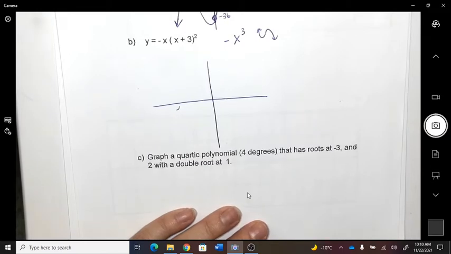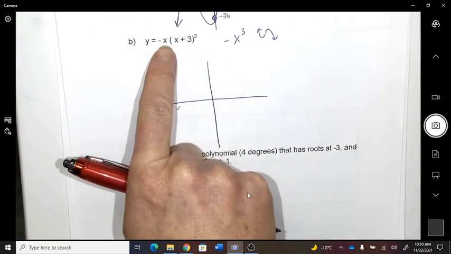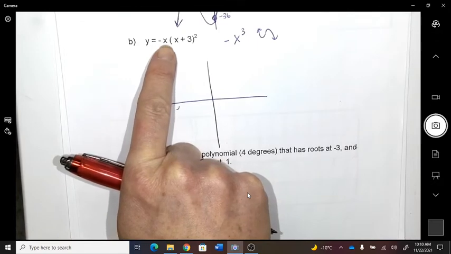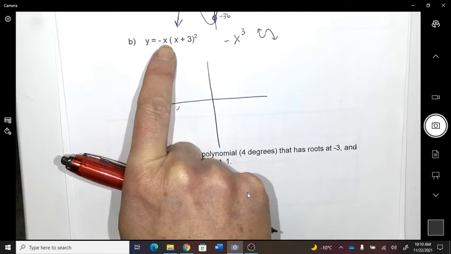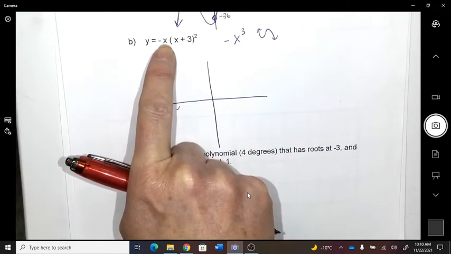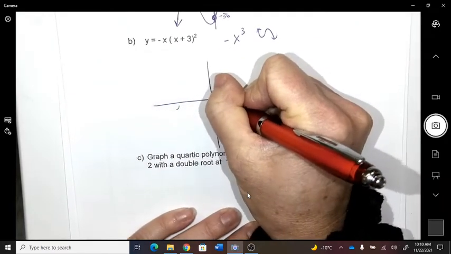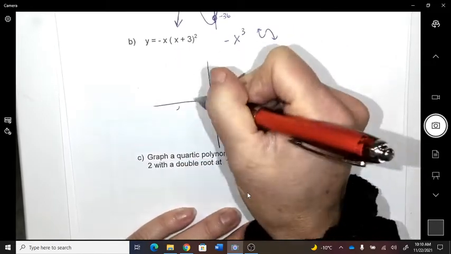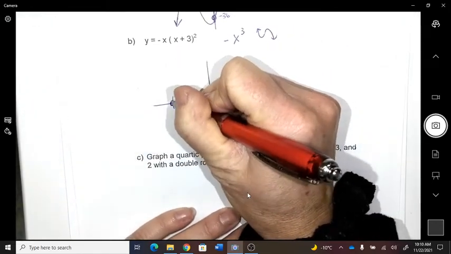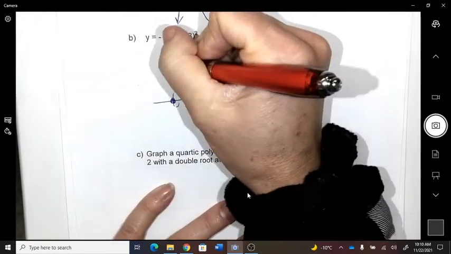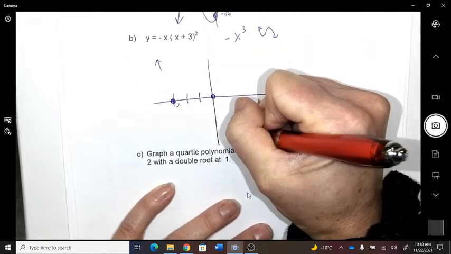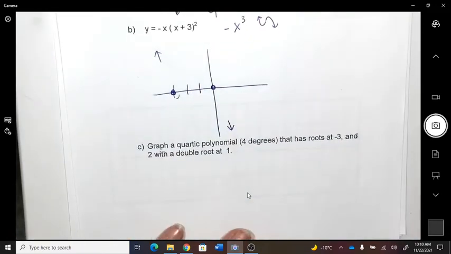Okay, what are the x-intercepts? What's the x-intercept for this one? What do you think? This one could be tricky. X would have to be what here to make this 0? 0. Or negative 3. So I'm going to draw this for myself so that I know my arrows are going to be doing that.